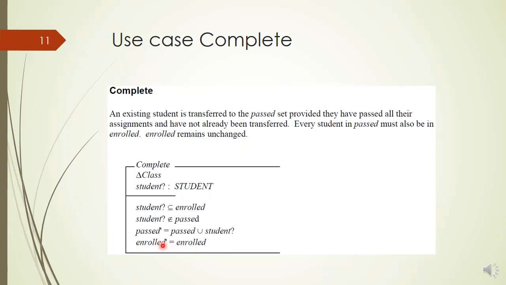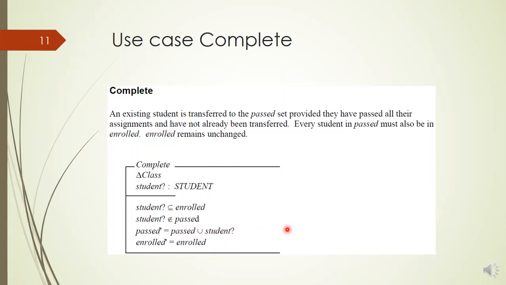Therefore enrolled prime would be equal to the set enrolled. So there is another question, that there is another typo in the postcondition predicate. Again, this is a question for you: what is basically the typo in the postcondition predicate here?